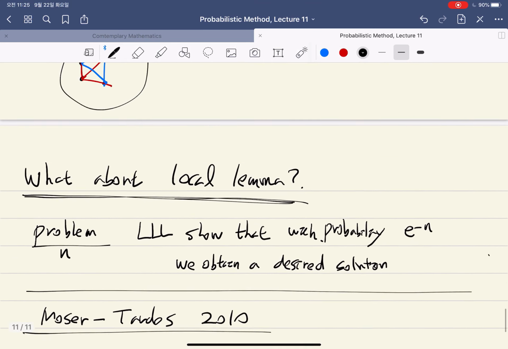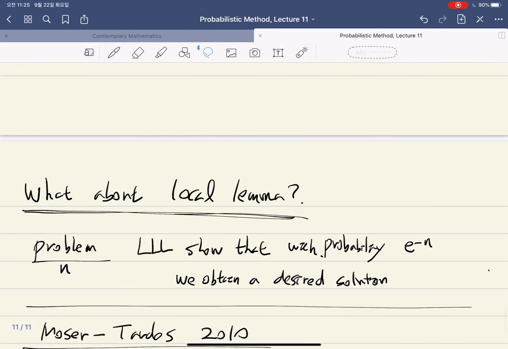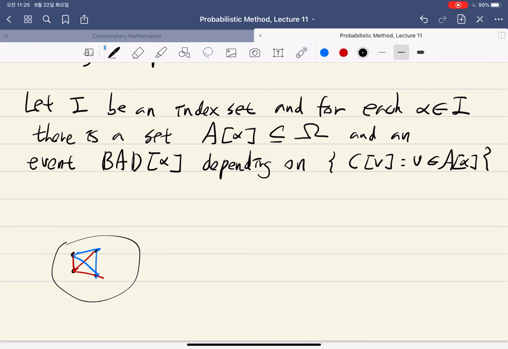So in this setup of Ramsey number, for example, each of these elements, or colorings of edges, is C of B, where B might not be a good way, so let's say E. So Omega is the edges of Kn here, and E is each element.